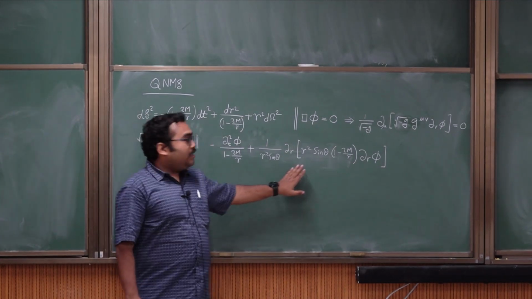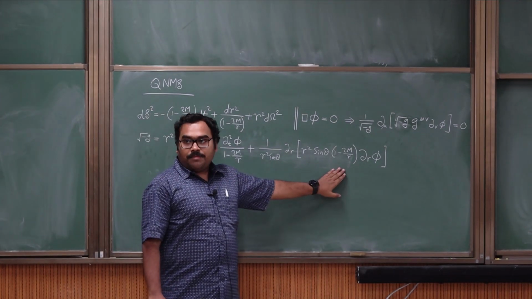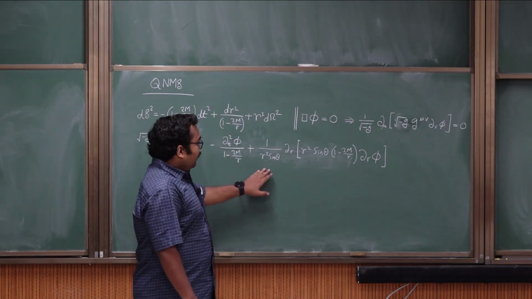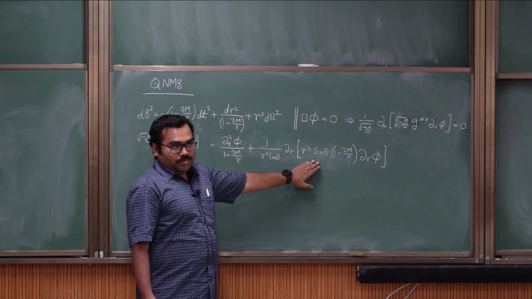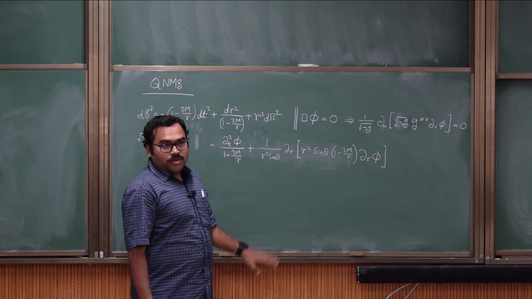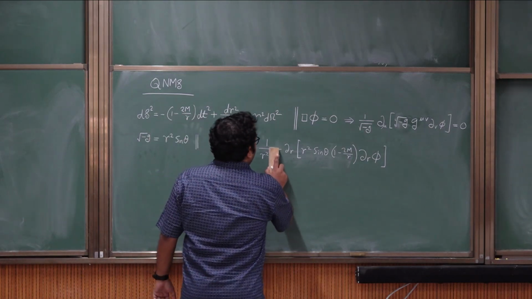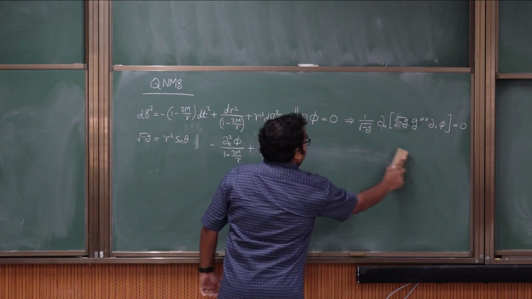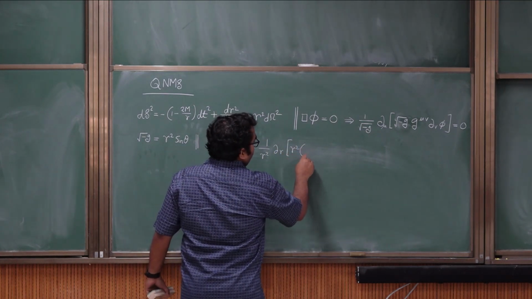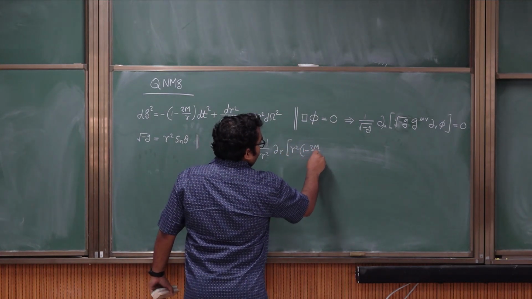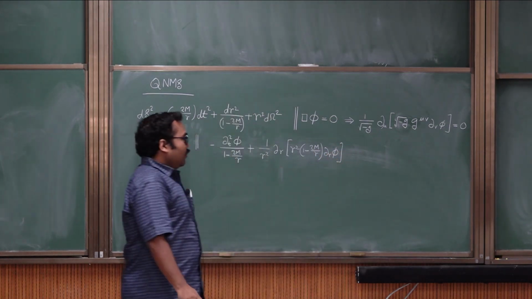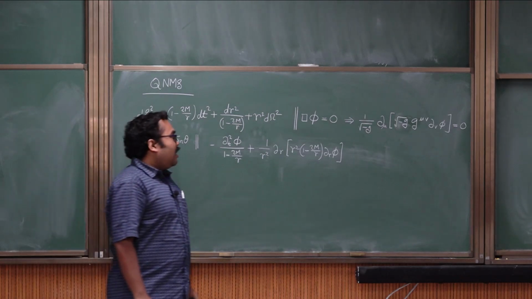This is root minus g, this is root minus g, this is g upper rr, and you have del r and del r over there. Again the sine theta can be cancelled, because it's a derivative with respect to r, so sine theta smoothly goes outside. So I can just remove this sine theta and rewrite this as del r of r square times 1 minus 2m over r times del r of phi. So the r part is done.